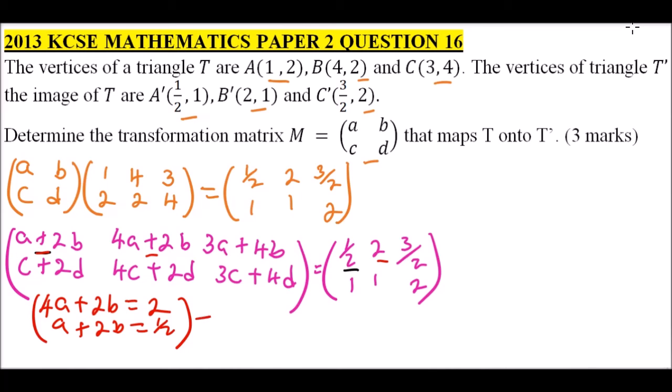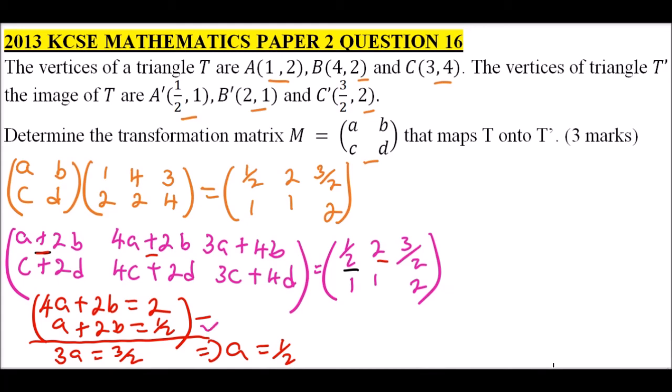We subtract so that we eliminate B, and that will give us 3A is equal to 2 minus a half, which is 1.5, the same as 3 over 2, implying that our A is equal to a half.